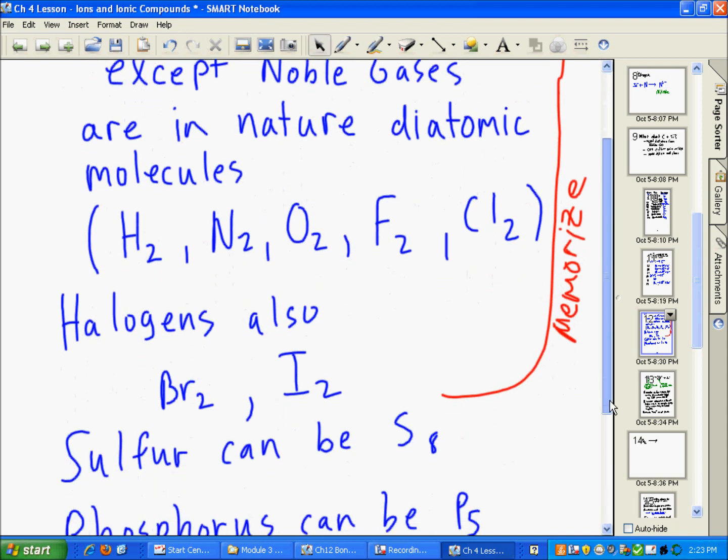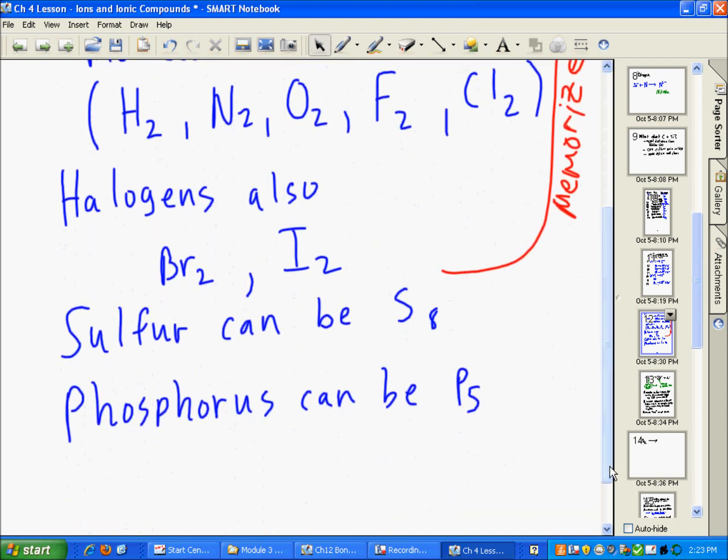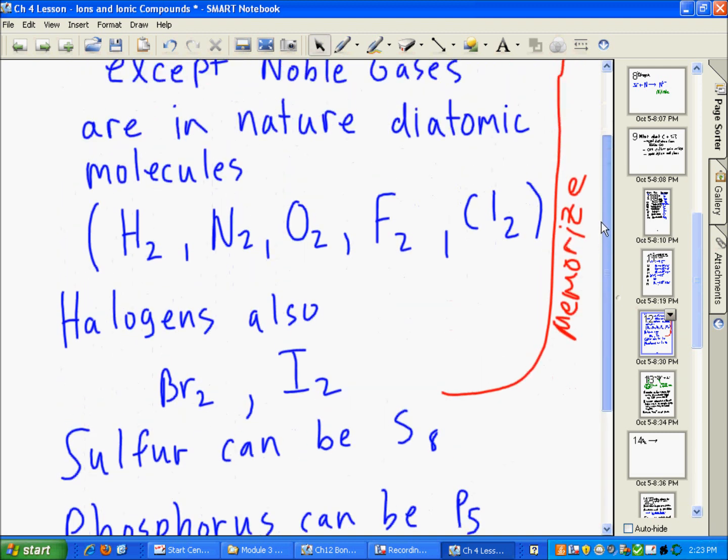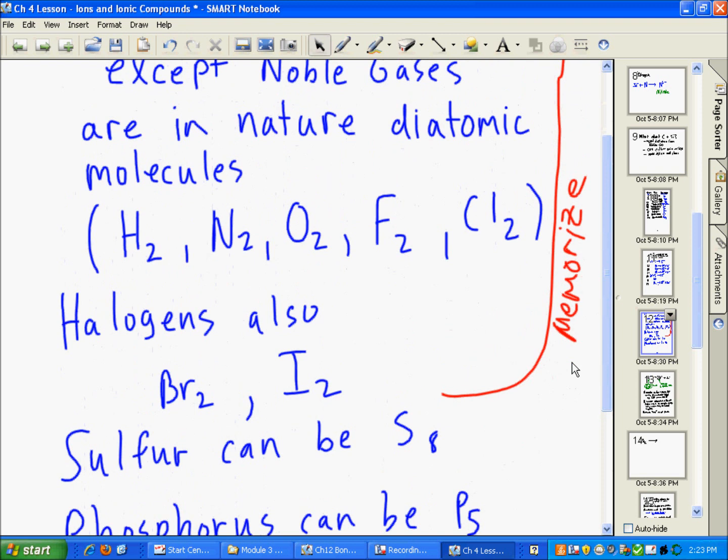And the other halogens, bromine and iodine, are also 2s. You should really memorize these. The easiest way to memorize them, and this I learned from a student, is the 7-up rule. You start with element number 7, which is nitrogen, and then you go to the right to the halogens and down, making a number 7.